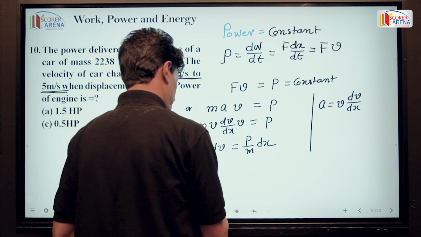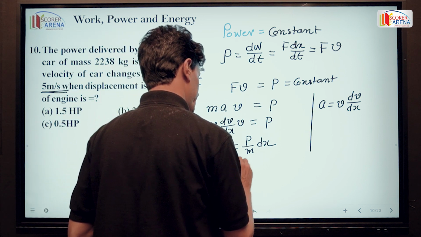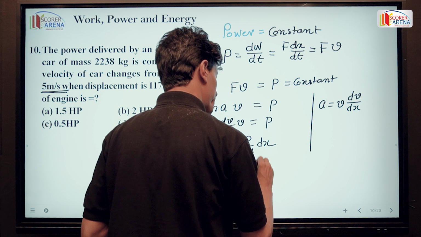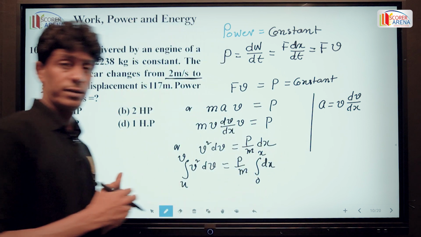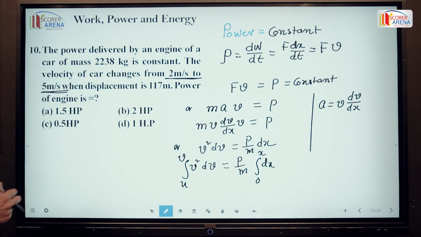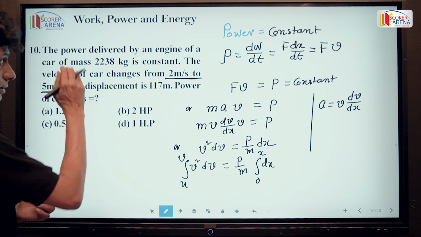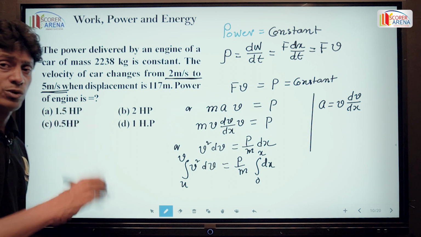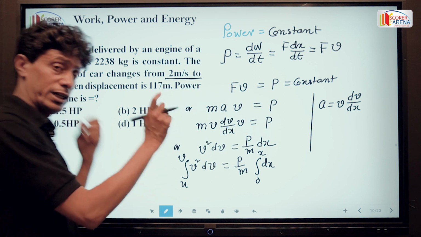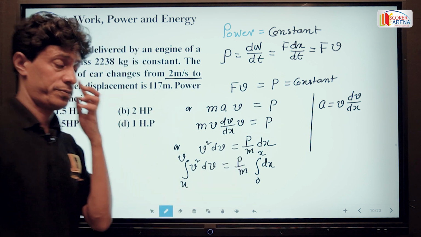So v squared dv, and here P by m integration of dx, and this is 0 to x. It is expected that initially there is no displacement, so in the calculation of displacement you have to take the limit 0 to x.